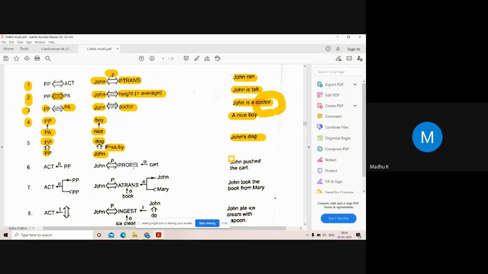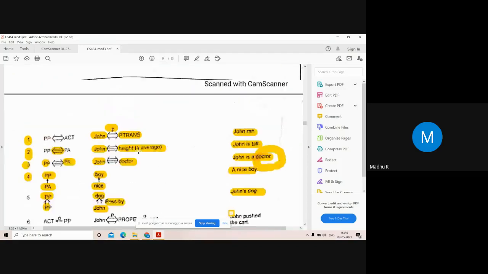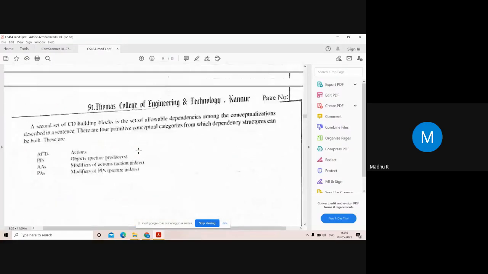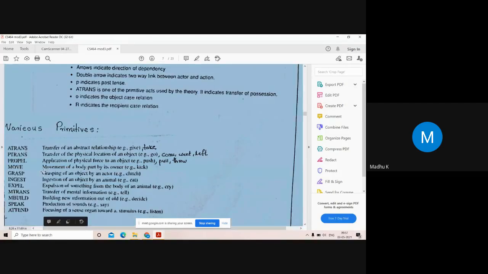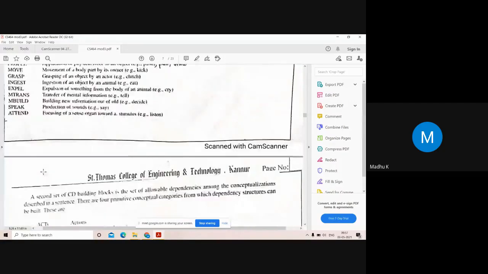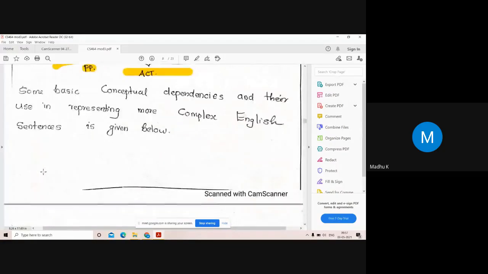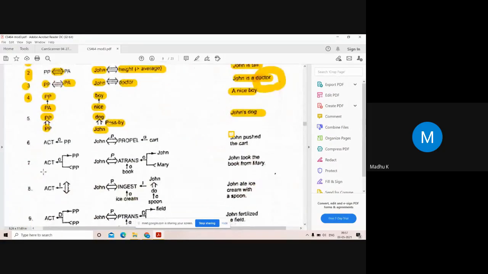What is meant by propel? Propel means application of physical force to an object. So we will use propel instead of push in conceptual dependency.